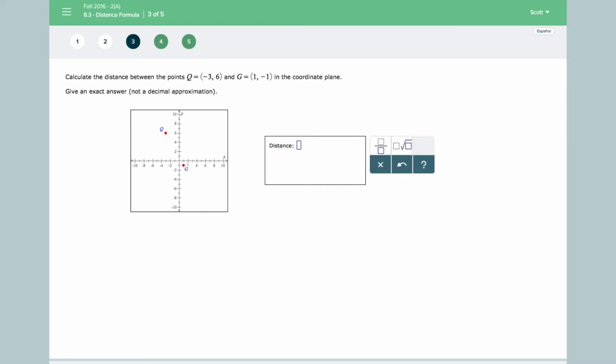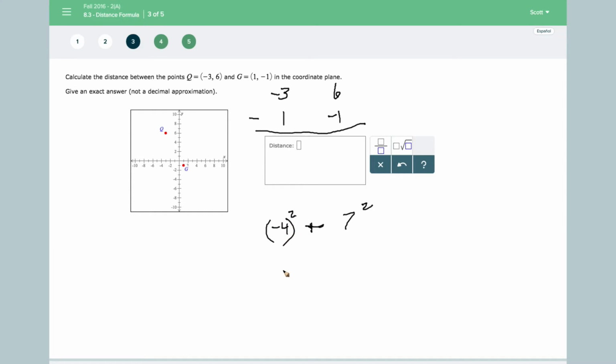Number 3. We have 2 points, -3 and 6, 1 and -1. We're going to subtract them. -3 minus 1 is -4. 6 minus a -1 or plus 1 is 7. We're going to add the squares of those two numbers together.